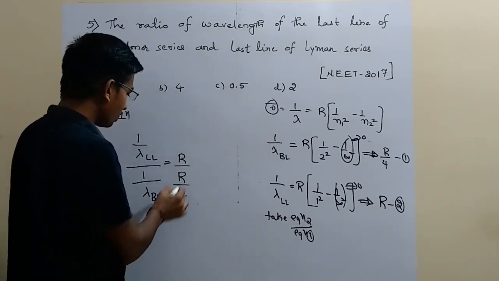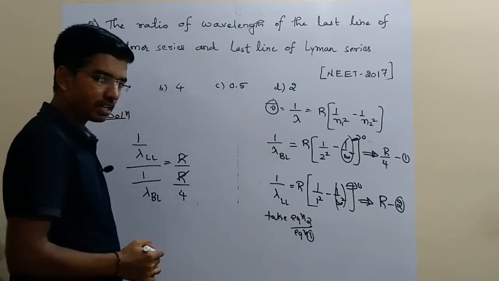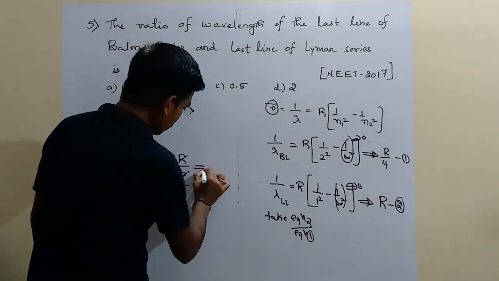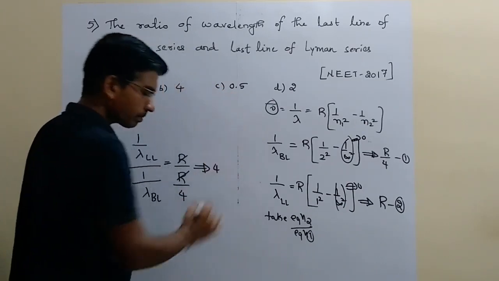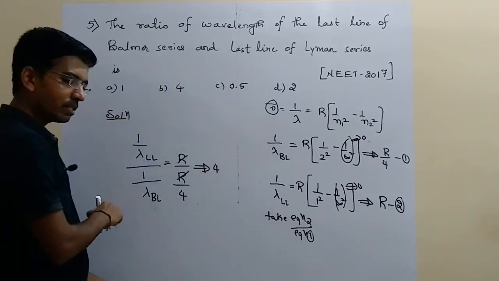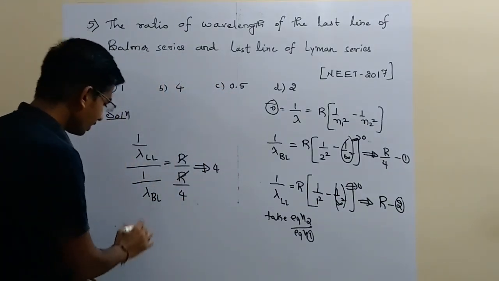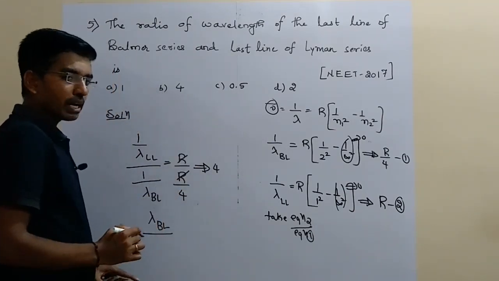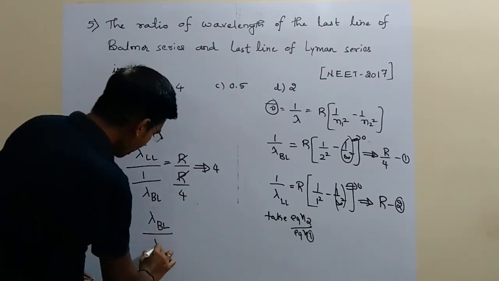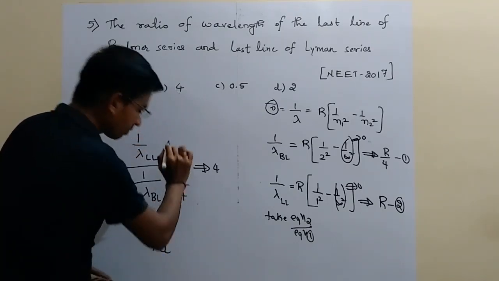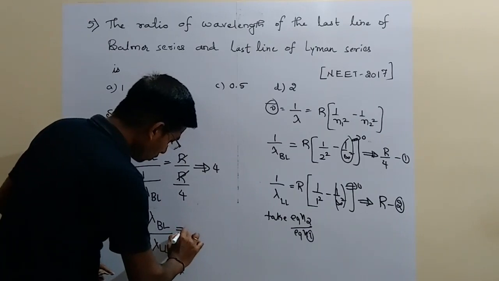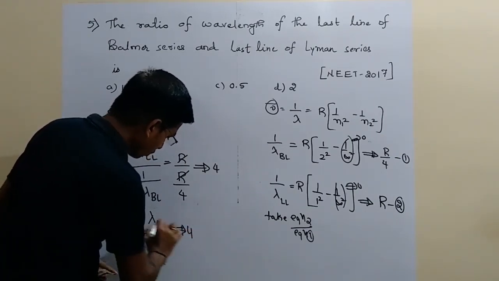So here this R and this R cancel each other and 4 goes to the numerator. So that is equal to 4. Here, taking the reciprocal, lambda BL comes to the numerator and lambda LL in the denominator, that is equal to 4.